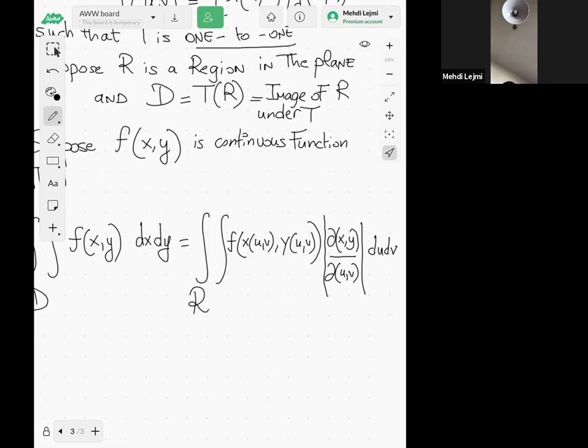Well, before my example in dimension 2, let me just say that for single variable, we have this integral, 2x cosine of x squared over this interval 0 to 2, right?